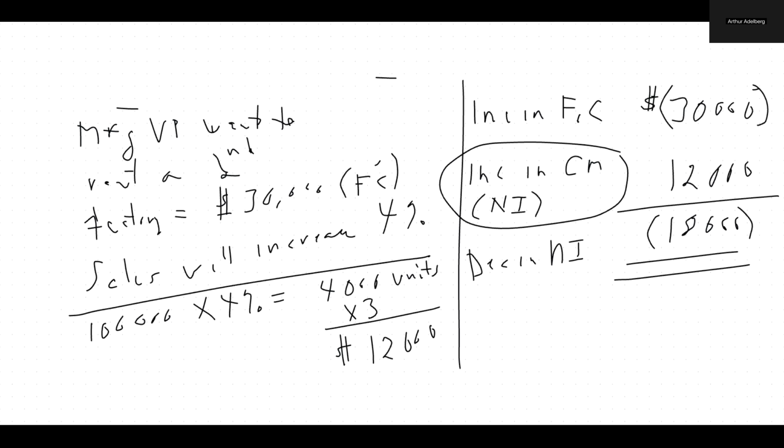Now, notice this statement here. If you increase your contribution margin, you automatically increase your net income. The same thing is true for the opposite. And I want to just prove that to you. So I'm going to put back the income statement.